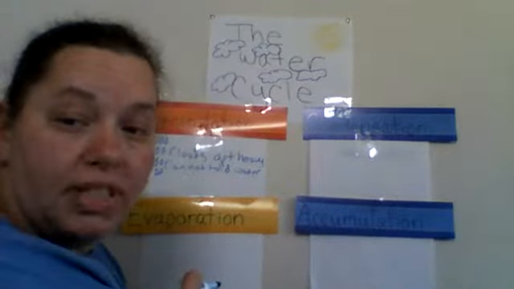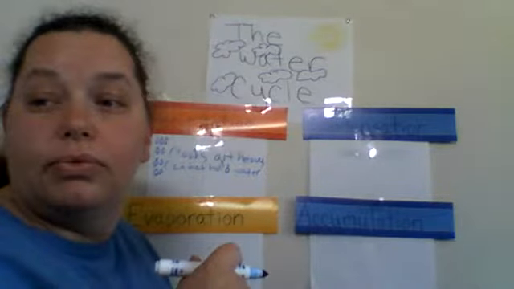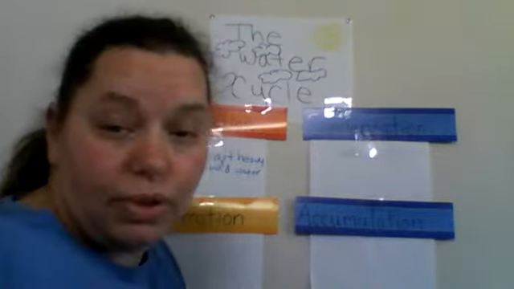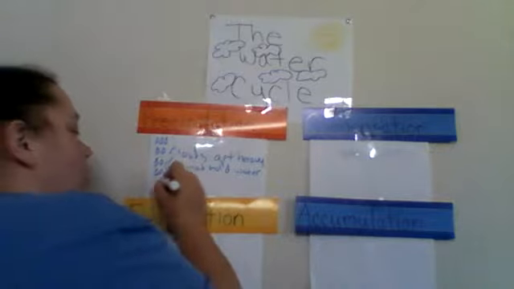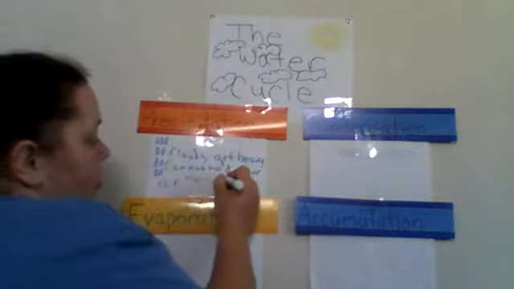Does anybody know how it comes down? Rain, yes. And anything else? Snow. There's also hail and sleet. Those are also frozen rain. Rain, hail, snow, sleet.